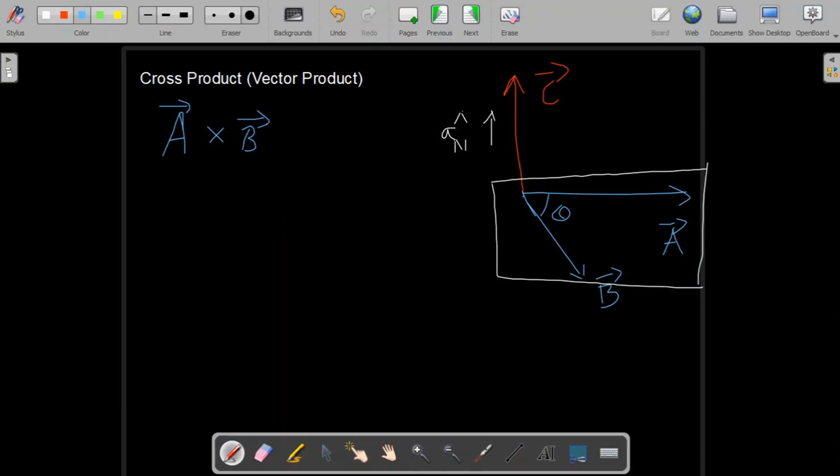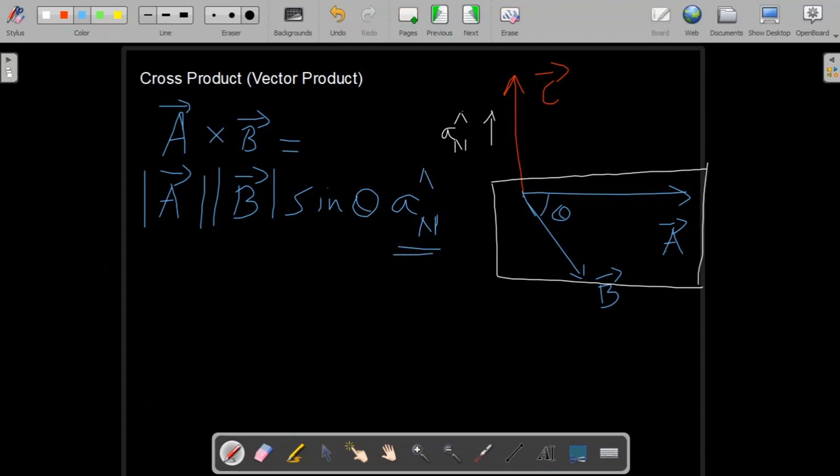So we define the cross product of A cross B as the magnitude of A, magnitude of B, sine of the smallest angle between them, theta, as you can see in the diagram, and the new vector formed will be normal to both the vectors. So we represent the normal vector as n cap.